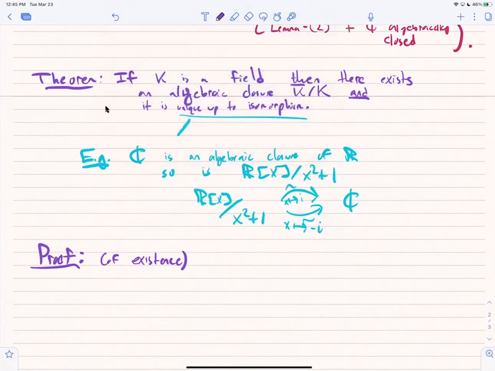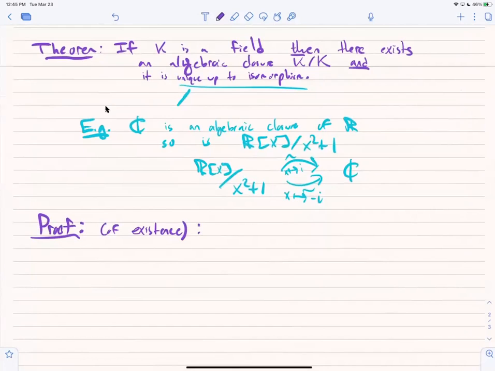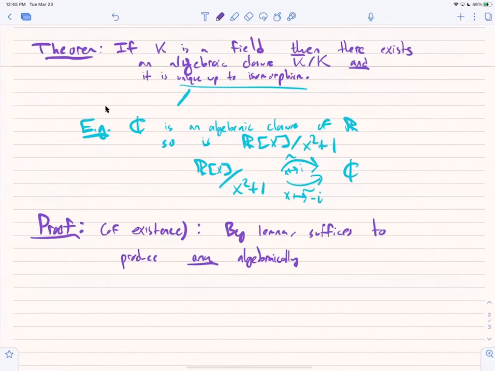So the main thing is to get existence. And so again, by the lemma, it suffices to produce any algebraically closed field L containing K.